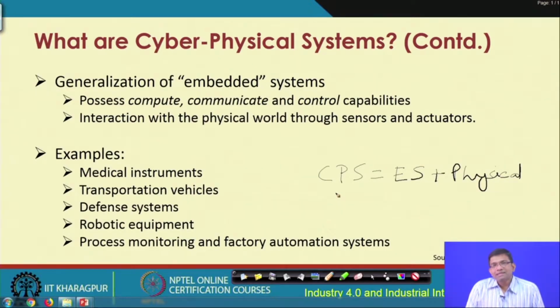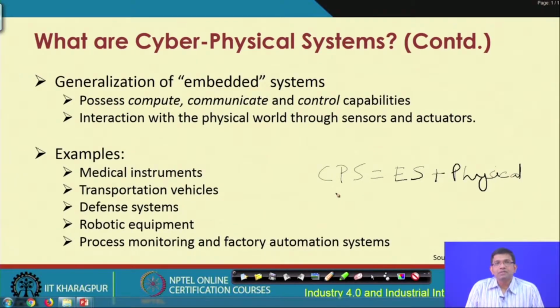These embedded systems, irrespective of where they are used, possess certain capabilities of computation, communication and control, where there is interaction with the physical world through different sensors and actuators. Examples would be medical instruments.